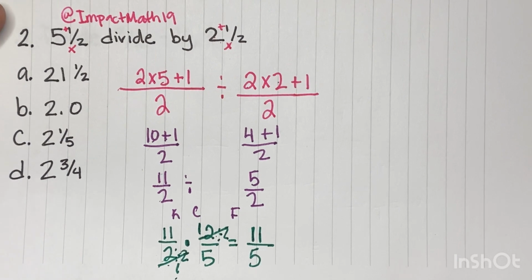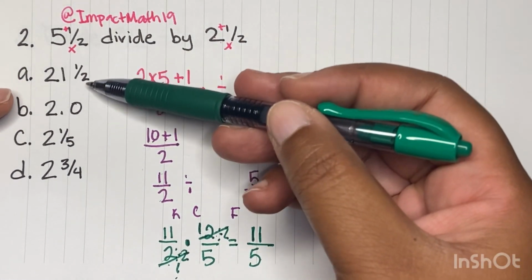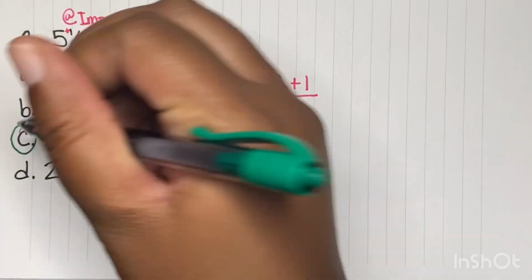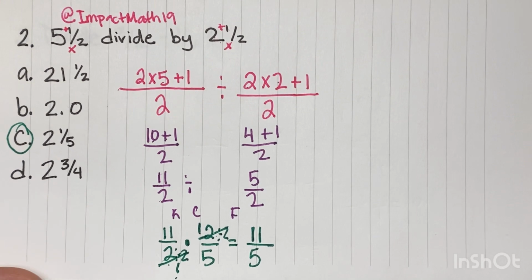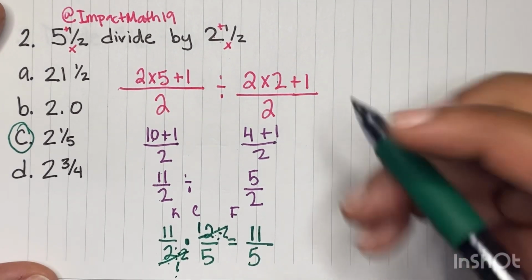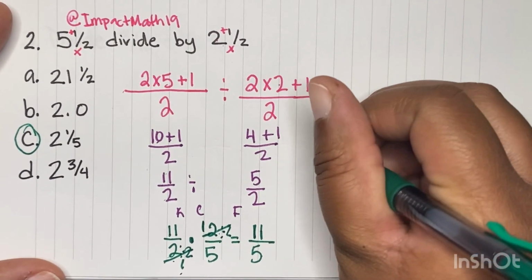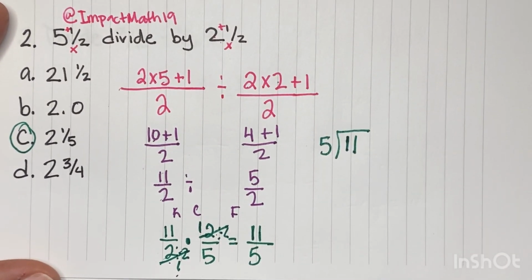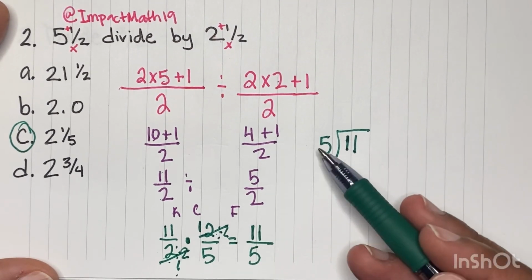So I'm looking at my answer choices, and the only thing that I see with a 5 as a denominator is C. But I will show you how they got 2 1/5. So how we do this is we're going to do 11 divided by 5. Okay. Remember, the bottom number, whatever it is, even if it's bigger, smaller, whatever it is, goes on the outside.